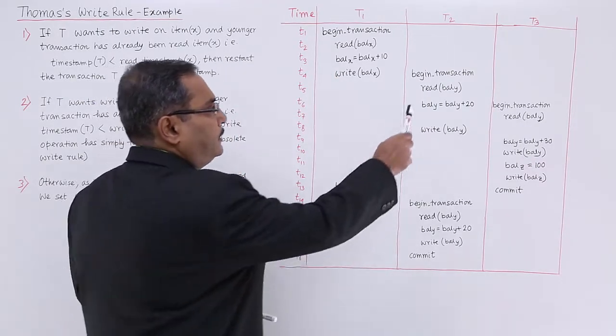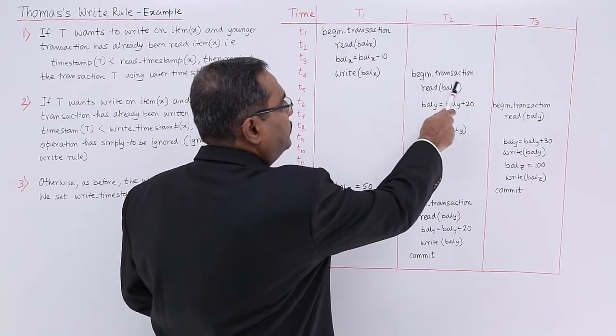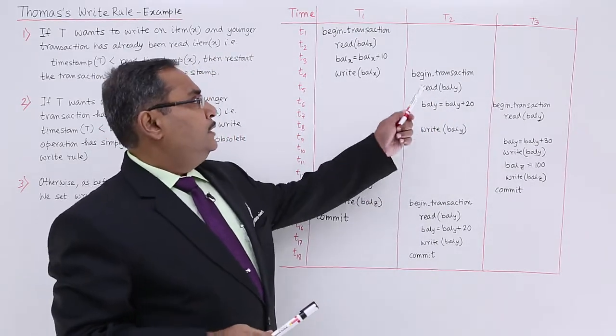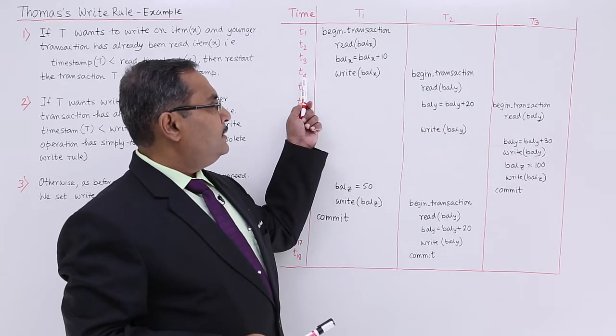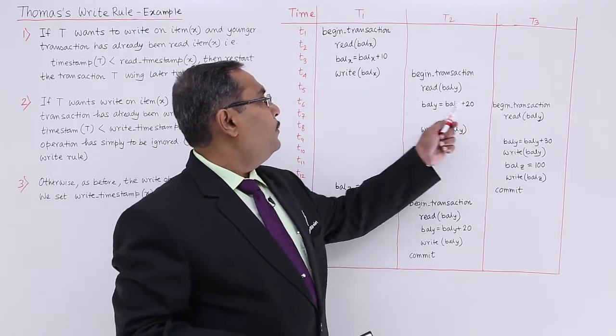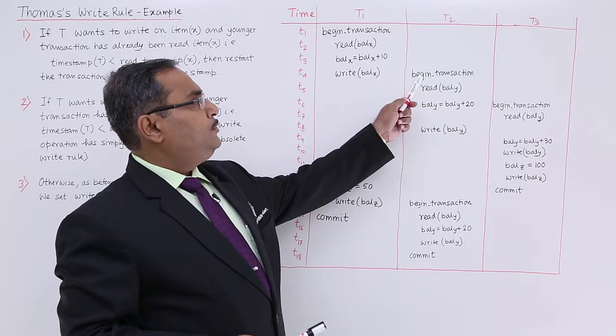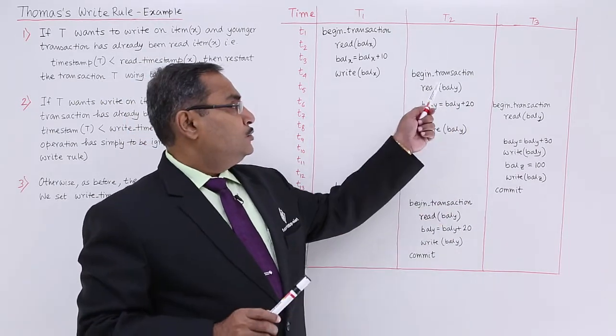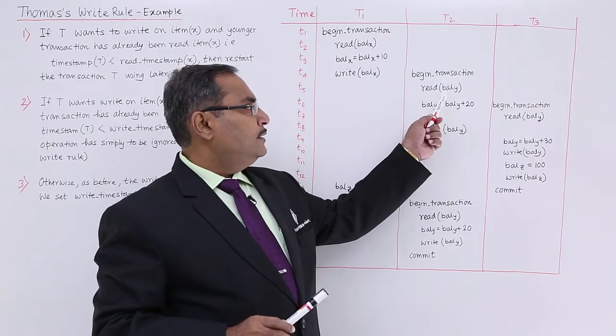This is the older transaction T2 and this is the younger transaction T3, because T2 has a timestamp lesser than the timestamp of T3. So T2 is older compared to T3. Now here you see the respective steps.